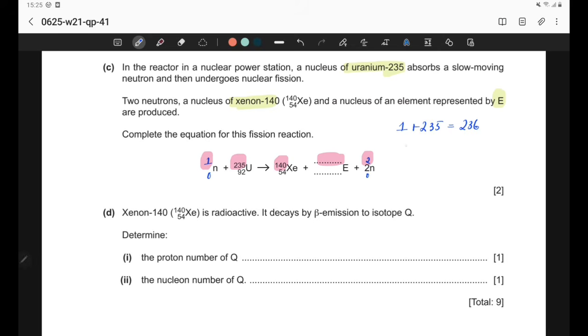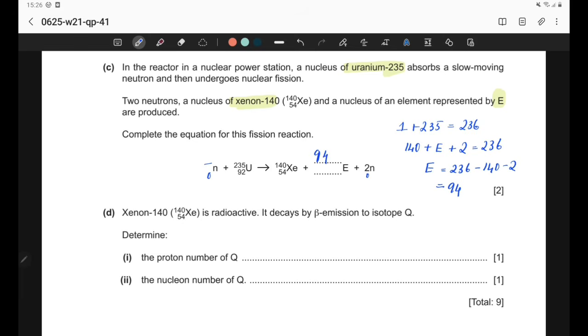That means for xenon it is 140, plus for the unknown element E, plus for 2 neutrons it is 2, that is 236. To find the value of E, we take 140 and 2 to the other side, so we will get 94. So the mass number must be 94 for this new element.